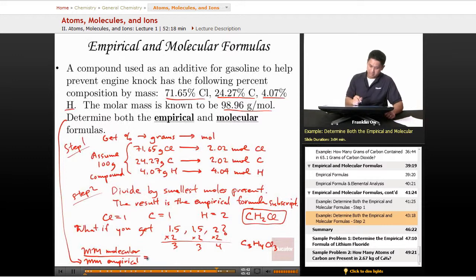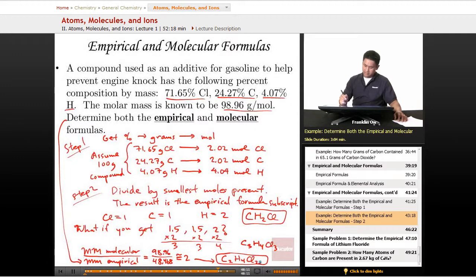So we're going to get 98.96 divided by the molar mass of our empirical formula, CH2Cl, which is 48.468, and we get approximately 2. You take that whole number and multiply the subscripts of the empirical formula by it. And so I get our molecular formula of C2H4Cl2, which is the formula of the actual compound.